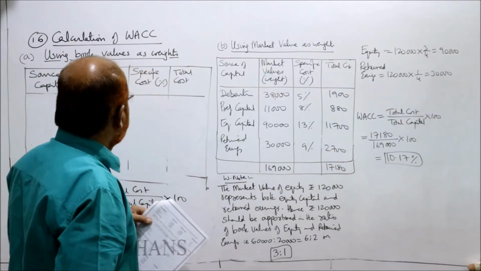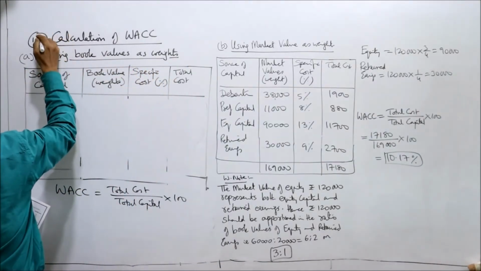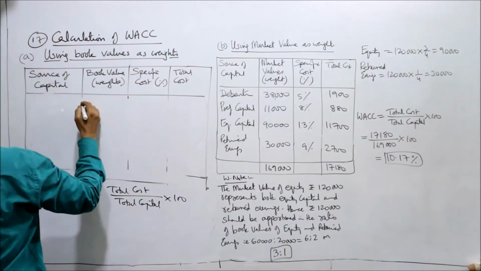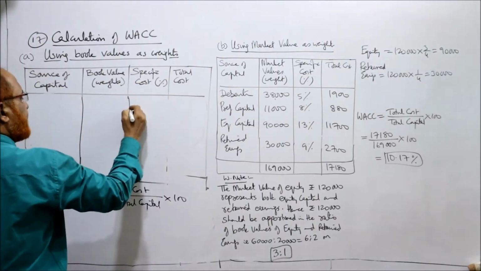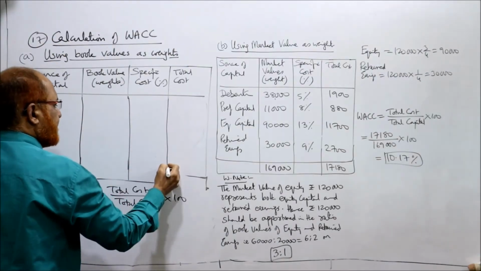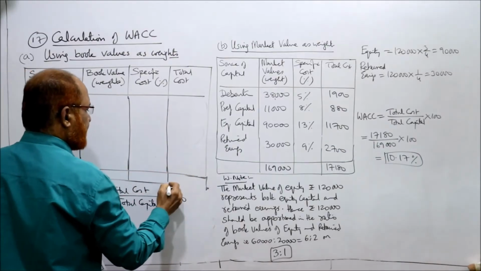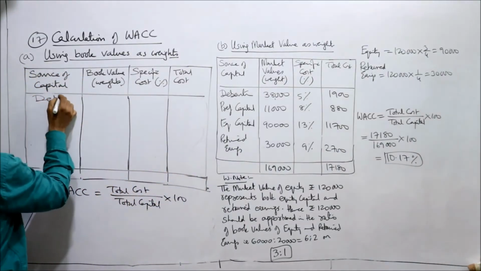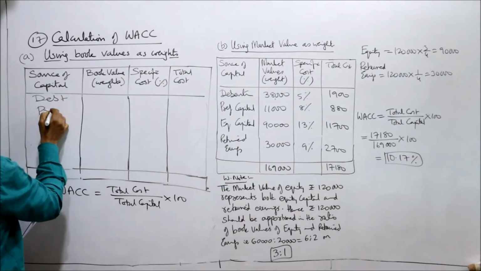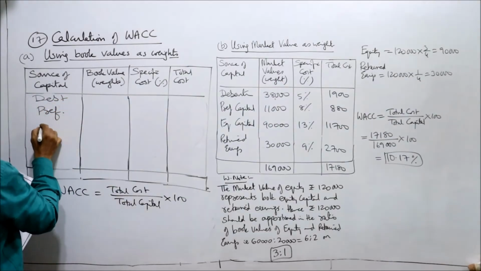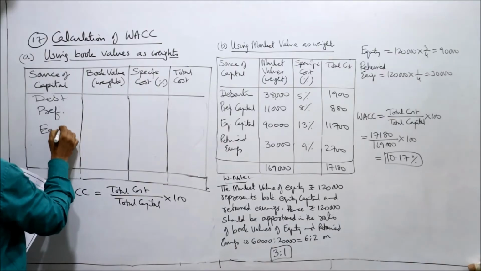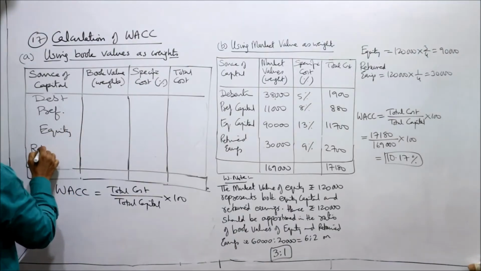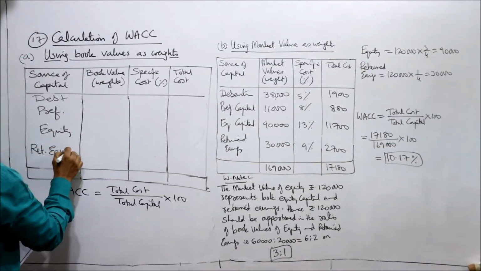This is problem number 17. So the four types of capitals are debt, preference, equity, retained earnings.